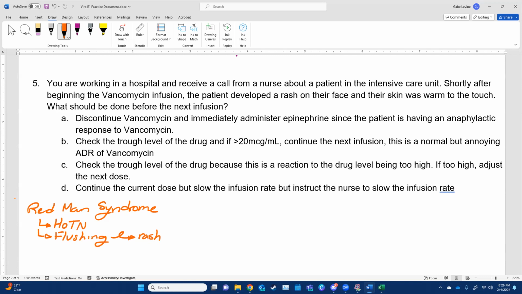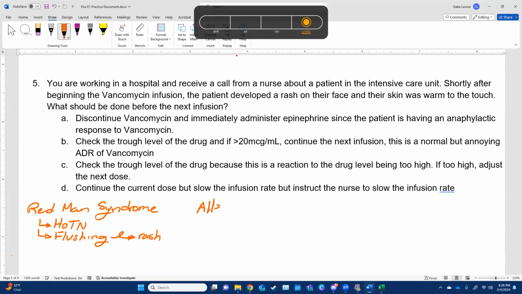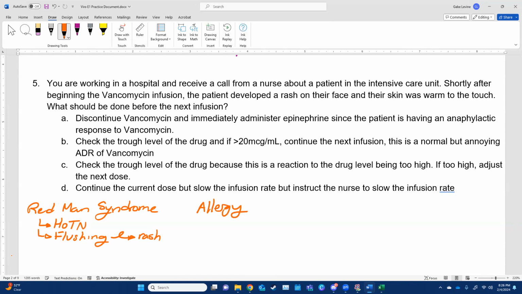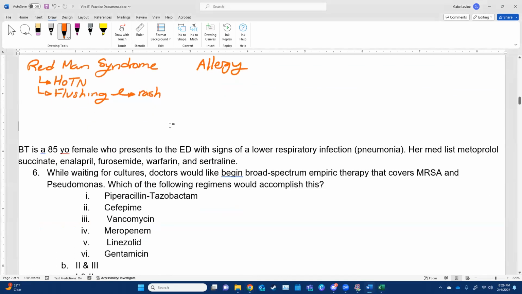That's the part that is difficult about a lot of these vancomycin questions, especially when we talk about an allergy to it. It is a histamine reaction, but it's more due to just broad degranulation. So actually, I think this is better if we just talk through what's going on here.